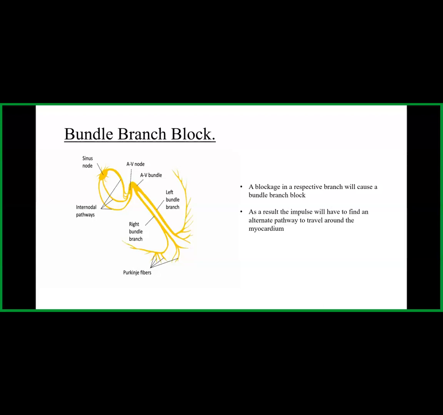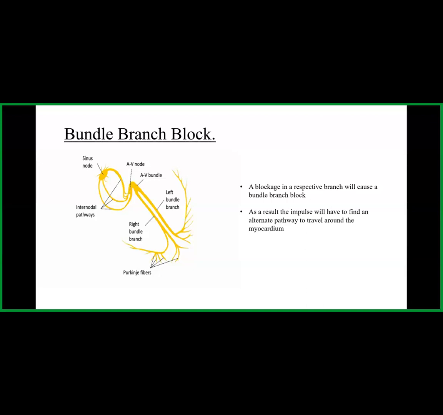But a blockage in a bundle branch results in a block in that specific bundle branch. So if there's a blockage in the left bundle branch, we'll have a left bundle branch block. If there's a blockage in the right bundle branch, it will result in a right bundle branch block.